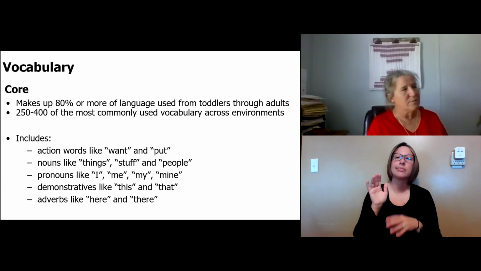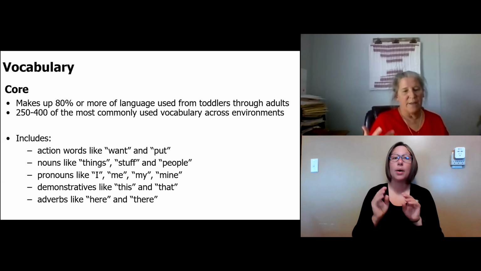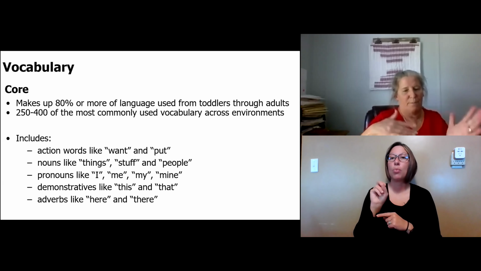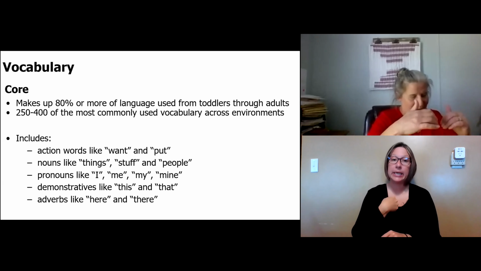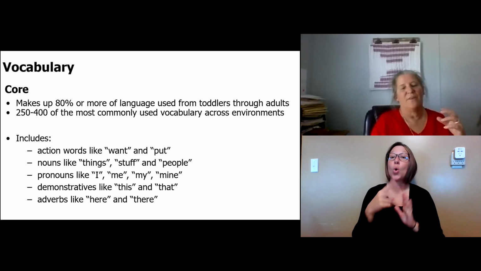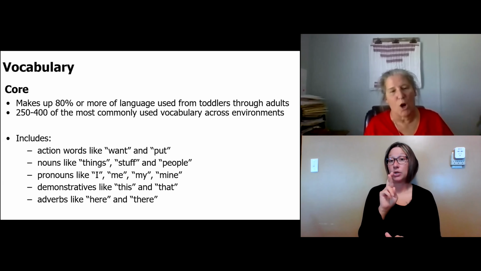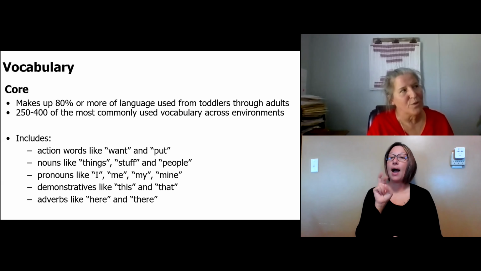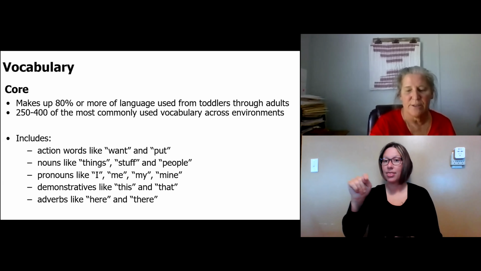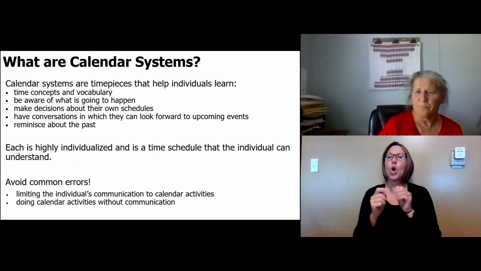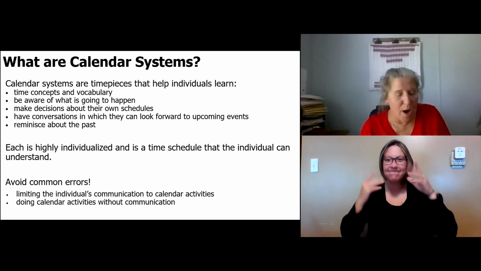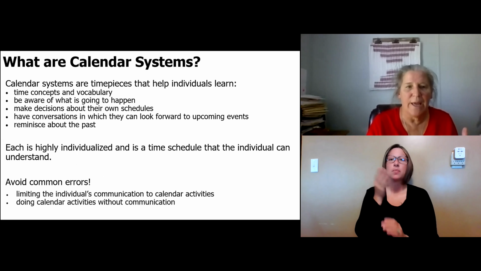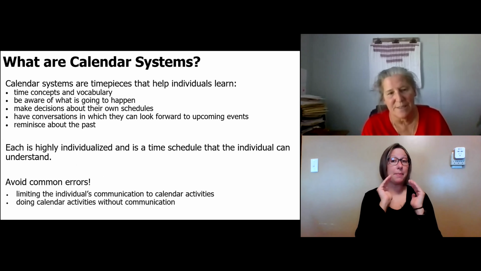There's some pronouns like I, me, mine, and they're demonstrative as in this and that, and they're adverbs like here and there. So there's core vocabulary, but you start with the ones that really are motivating to the individual first.